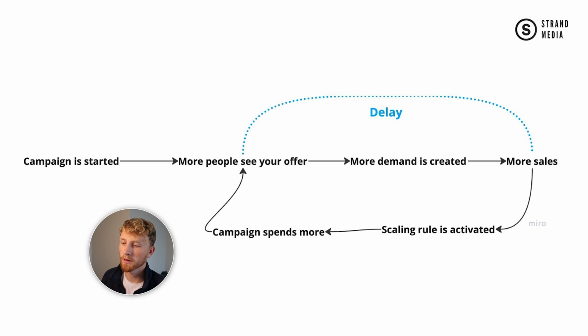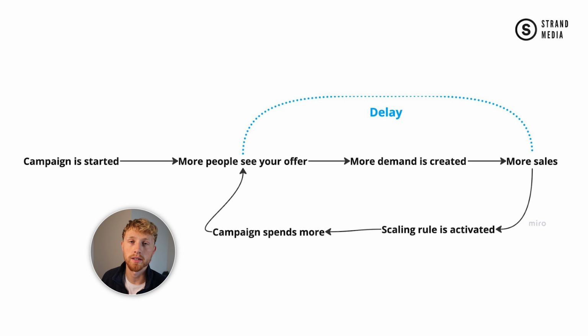So as you can see here, the campaign is being started, more people see your offer, there's some delay between the demand creation and the demand capture, and it turns into more sales. As you're getting more sales and the demand creation and the capture link together, that's when the results are getting better, and that's when the scaling rule is activated. I'll show you how to set this up in a second, but because we're setting some specific conditions into the scaling rule, we only increase the budget when we are at a certain cost per result or certain ROAS.